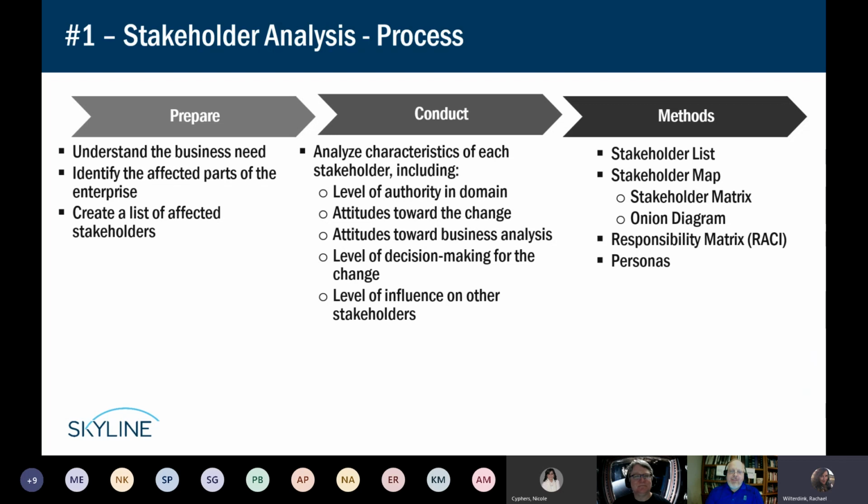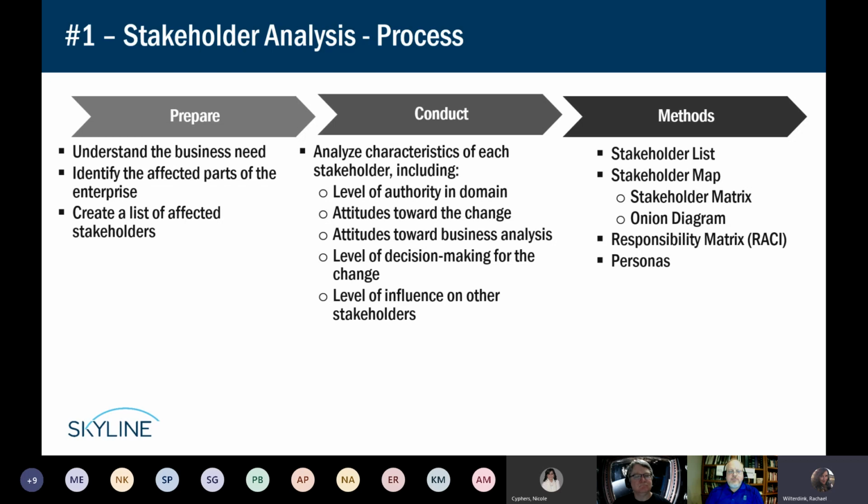So the process for conducting stakeholder analysis is kind of these 3 steps here, and this is a pattern you'll see repeating throughout this presentation. But before you even start to identify your stakeholders, you want to make sure you understand what your project is about, right? So I would say go find any existing project documentation, and then make sure that you're able to give the elevator pitch about the project if someone asks you about it.